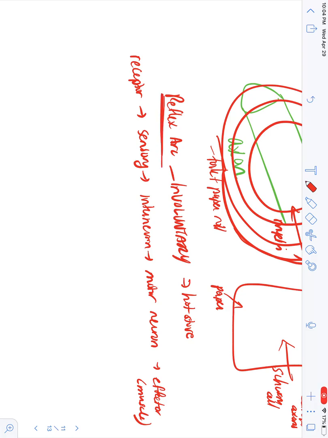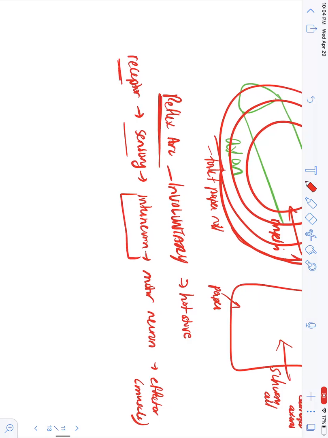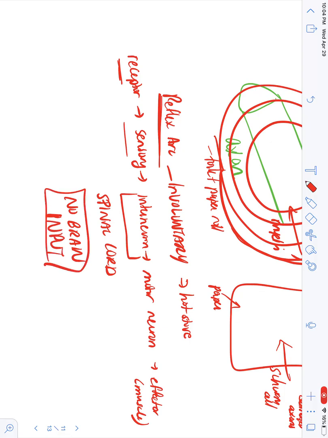Your body has this instinctive reflex to move your finger, because the receptor activates the sensory neuron, and the interneuron that is being activated is actually only in your spinal cord. So there is no brain input in a reflex arc. It just goes through the spinal cord only, and that's why it is so fast, because there is no brain input.